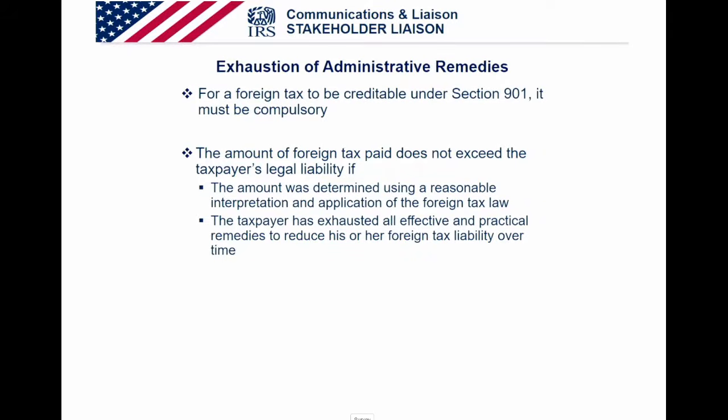A taxpayer's exhaustion of remedies should be practical and cost-efficient in relation to amounts at issue and likelihood of success. Reasonable cost for individuals can be an issue because the amount in controversy may not justify spending a lot of resources to contest the item.